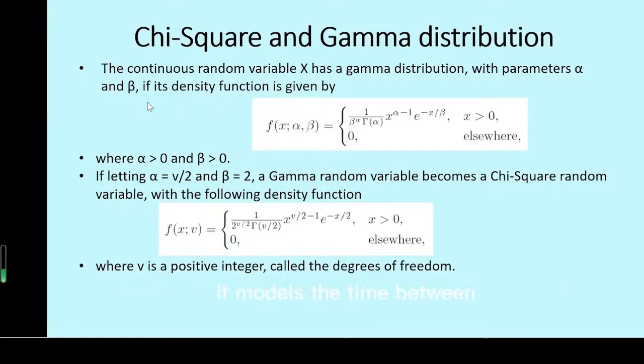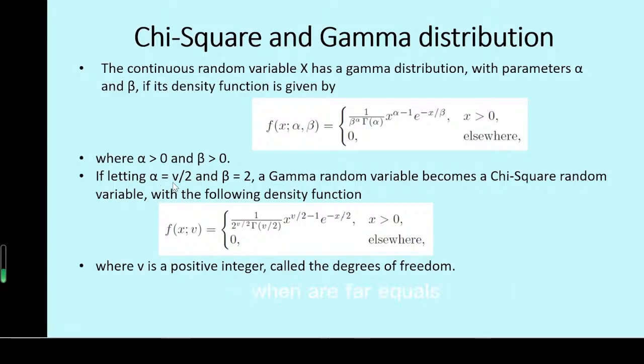It models the time between Poisson process events. The gamma distribution has a density function like this one, where gamma is the gamma function: 1 over gamma of alpha times beta to the power alpha, times x to the power alpha minus 1, times e to the power minus x divided by beta, for positive x, where alpha and beta are positive numbers.